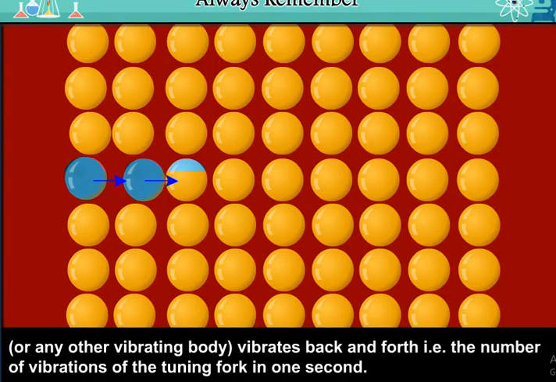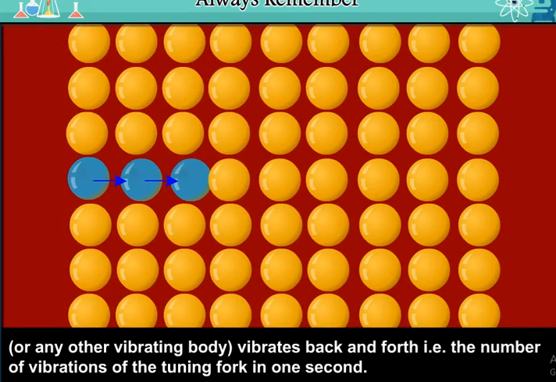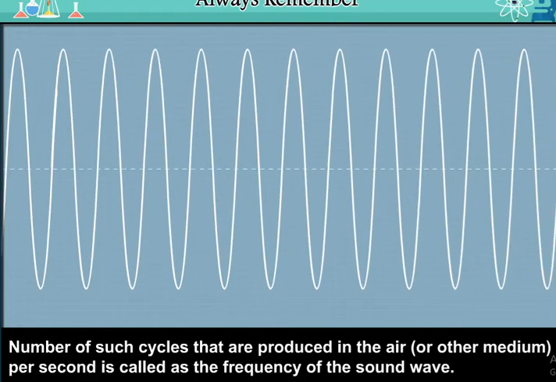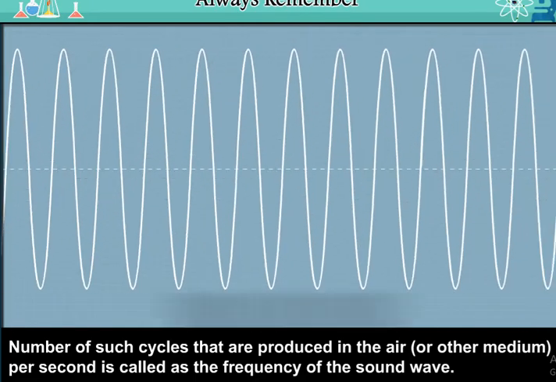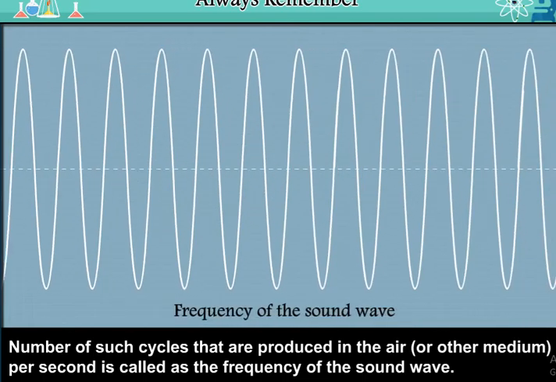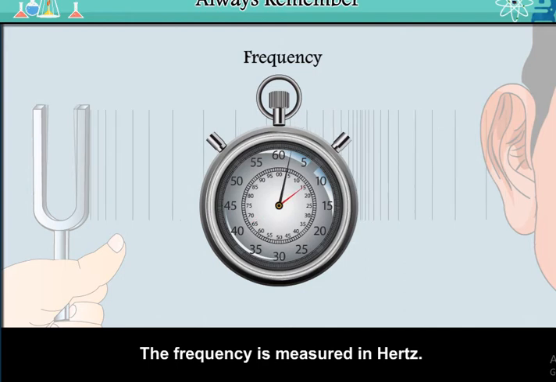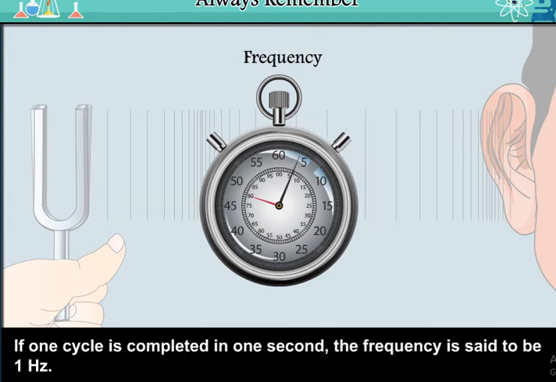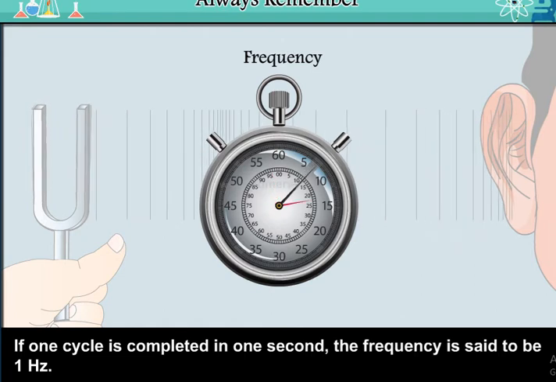That is the number of vibrations of the tuning fork in 1 second. The number of such cycles that are produced in the air or other medium per second is called the frequency of the sound wave. The frequency is measured in hertz. If one cycle is completed in 1 second, the frequency is said to be 1 hertz.